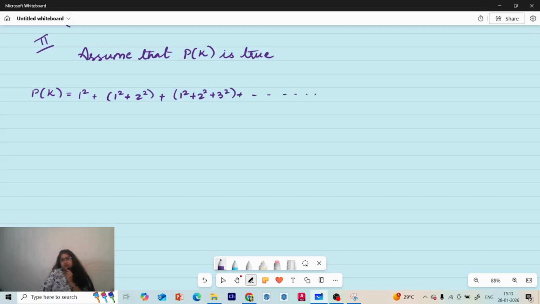It will go on till K square. By the way, for the nth term we wrote N plus 1 into 2N plus 1. So we will replace that. Instead of writing N, we will write K. K into K plus 1 into 2K plus 1 by 6.